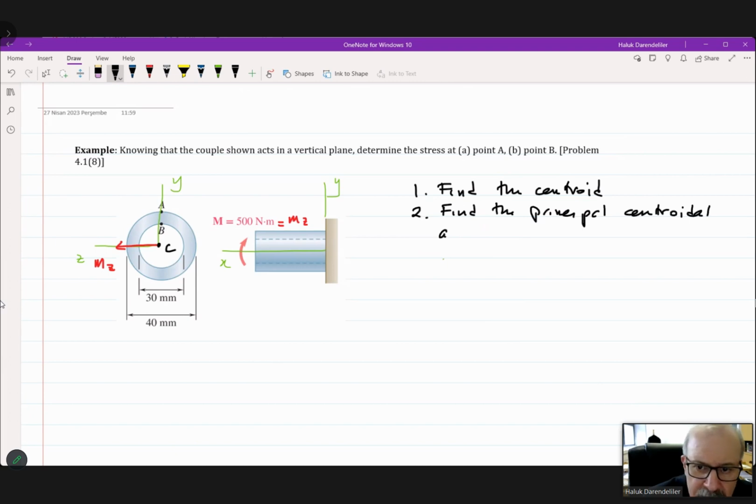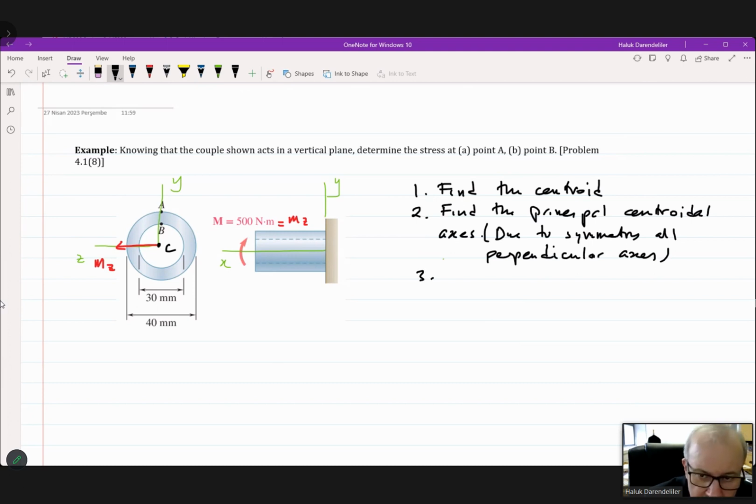Now, here, for a circle cross section, there is no problem. All axes are principal because of symmetry. Due to symmetry, all perpendicular axes. So we don't need to find. They're already principal centroidal axes.